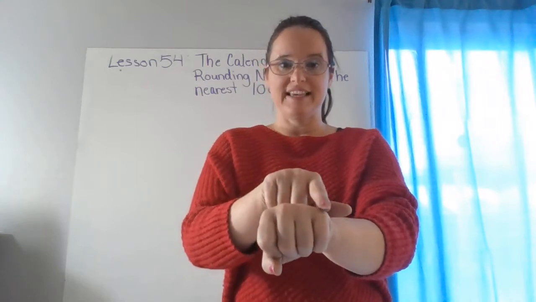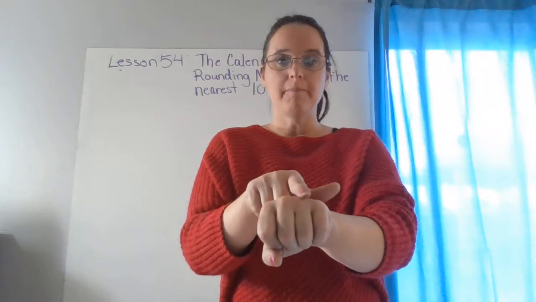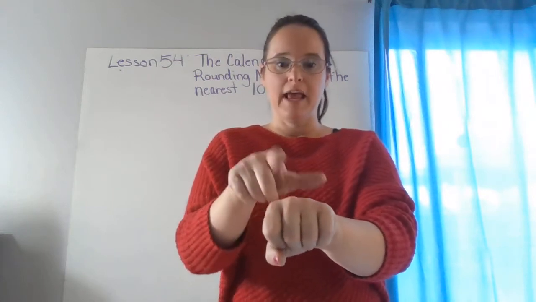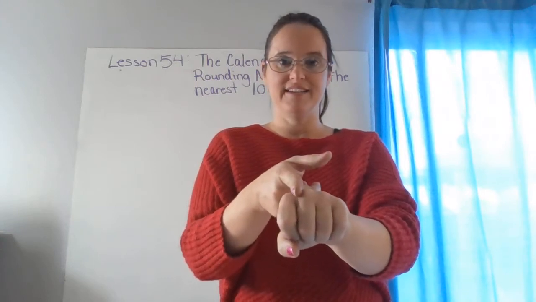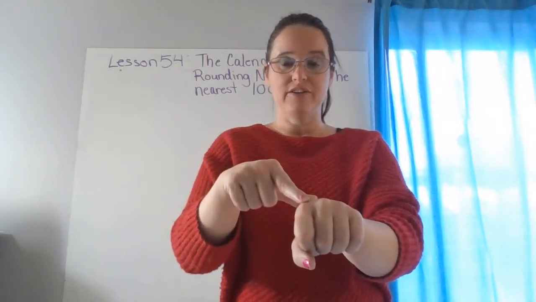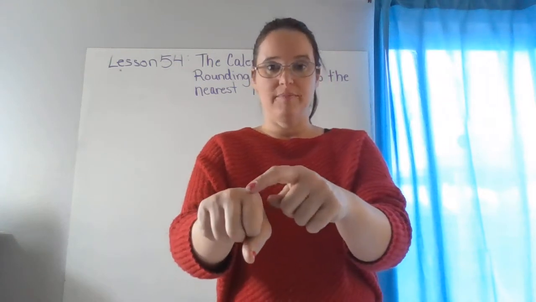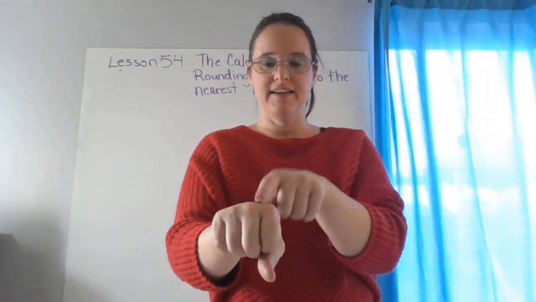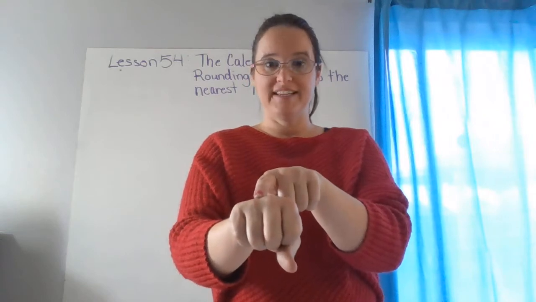So I would say it like this: January, then in the dent, February, March on my knuckle, April in the dent, May on my knuckle, June in the dent, July on my knuckle on this hand, and then I say August on my first knuckle on this hand, September in the dent, October on the knuckle, November in the dent, December on the knuckle.